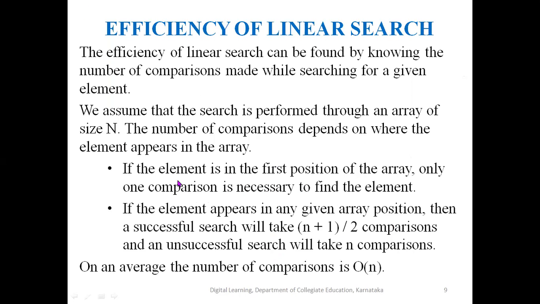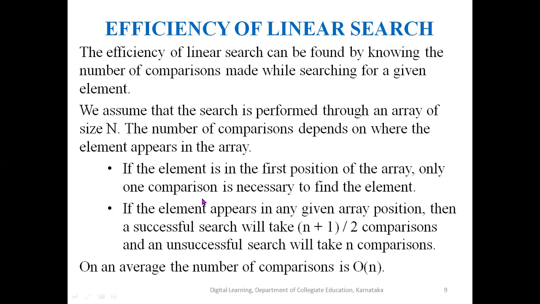Now, let us see the efficiency of linear search. We know that efficiency of linear search is found by finding the number of comparisons made while searching for a given search element. If the number of elements is n, the number of comparisons depends on the position of the search element in the array.